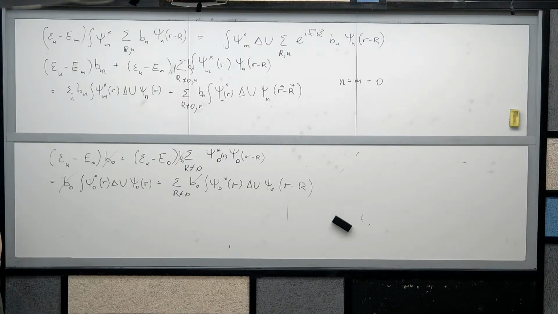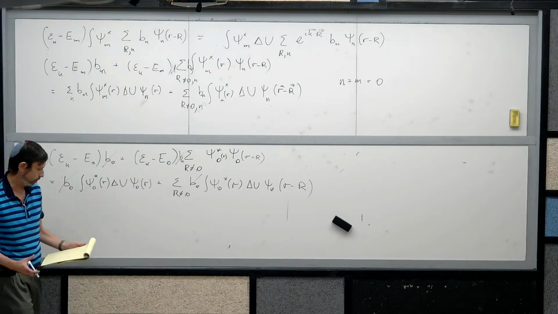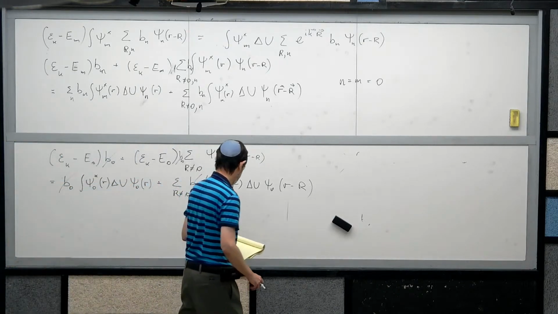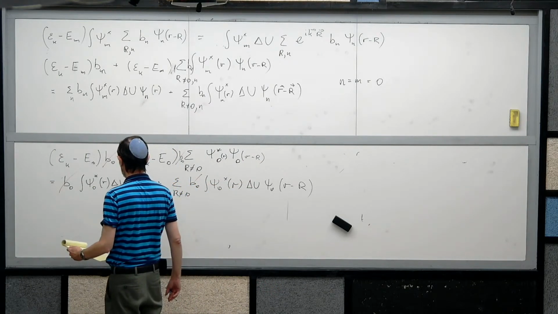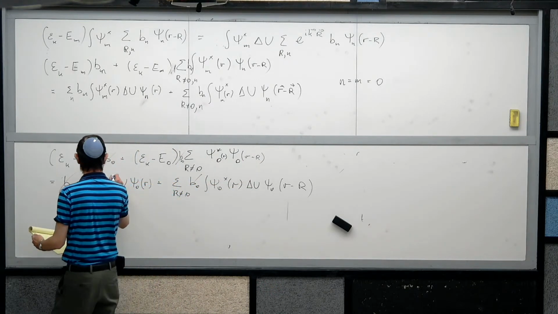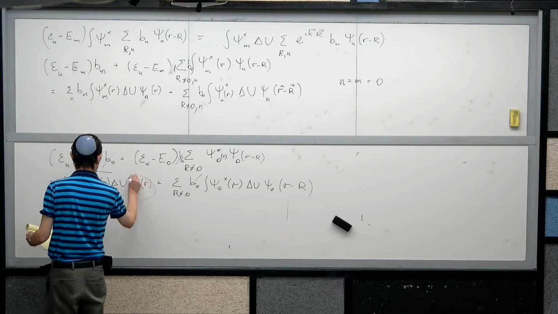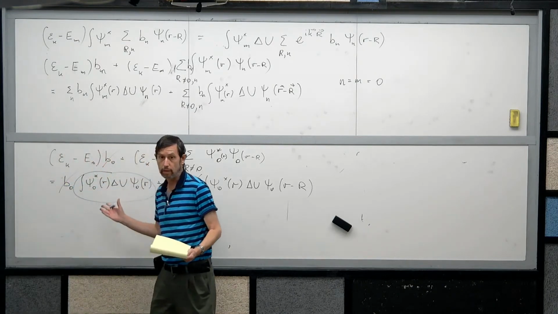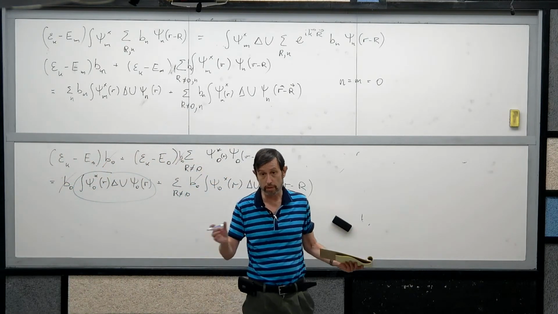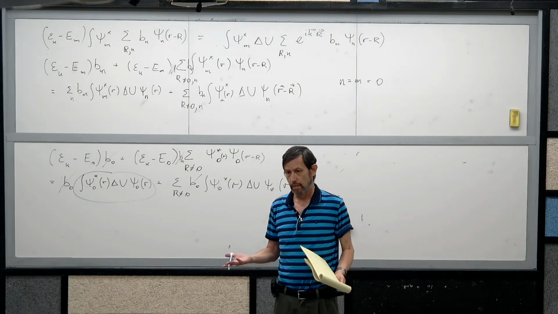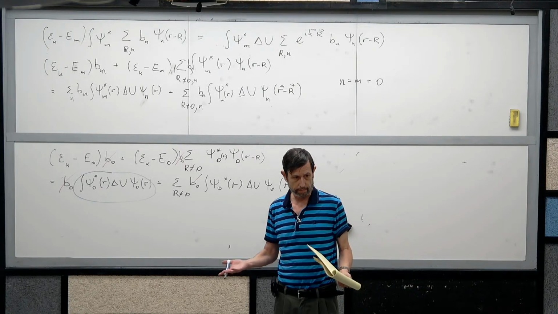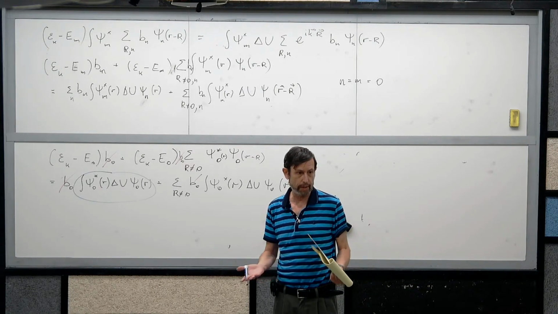And now, just as a convention, this is an integral. It depends on the form of the potential and what the atomic wave functions are. But after the integration, it's some number.